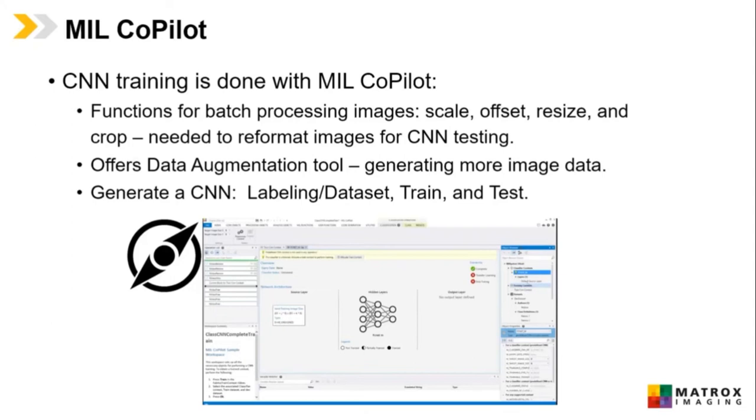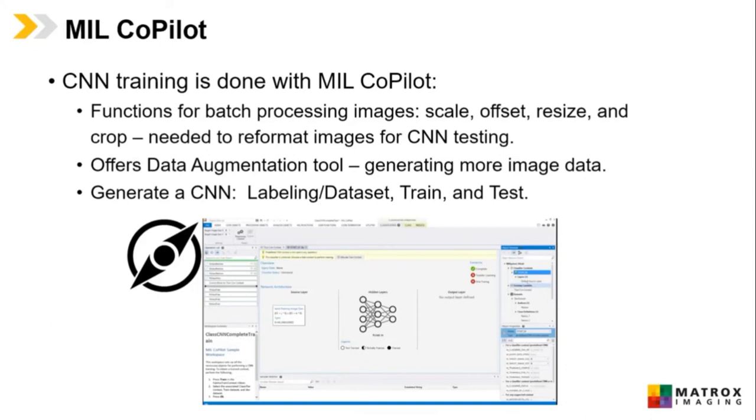One key thing also is that at some points where maybe you do not have sufficient images for a data set, for example, Copilot also has tools for what we call data augmentation, right? So taking an image that you capture from the field and artificially adding some variations to it.